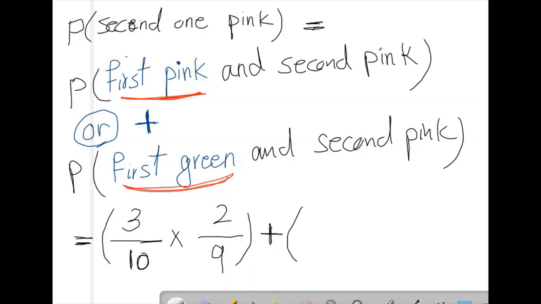Or again, from the beginning, first try, we have 10 candies in the bag, 3 pinks and 7 greens.